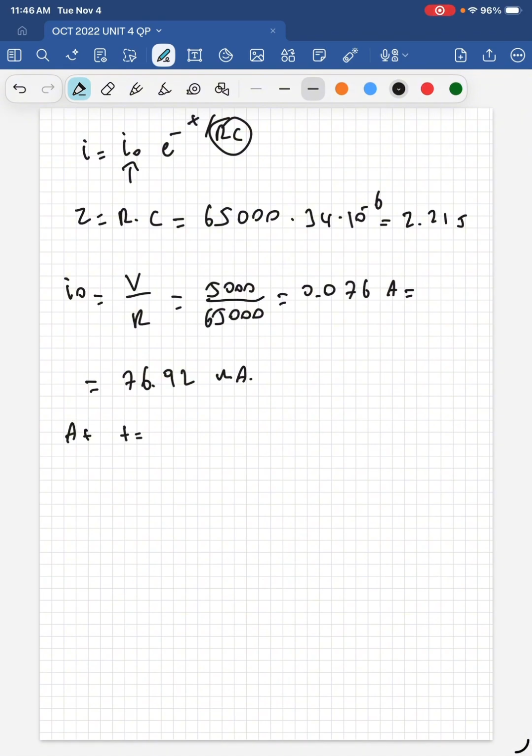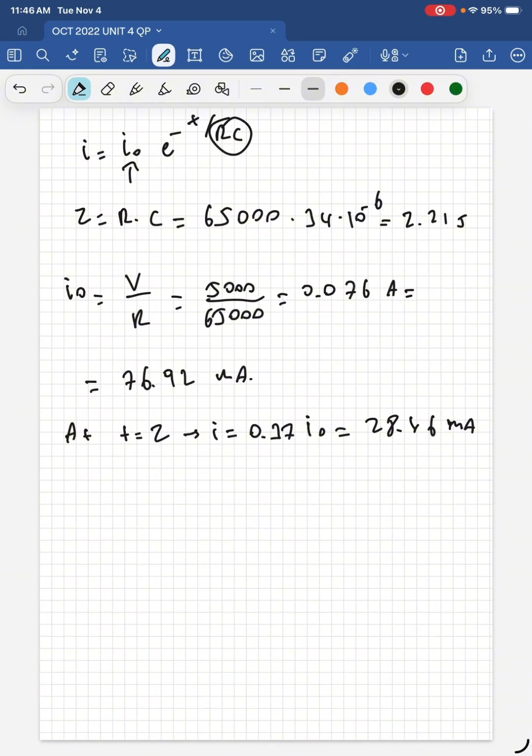At t equals one time constant, I is going to be 0.37 I naught, which is 28.46 milliamps. That's another point we can use in the graph.